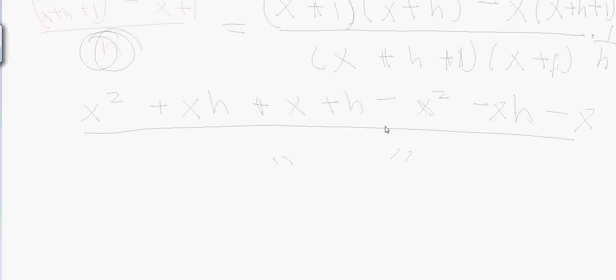Now, the first thing you must do is cancel out or simplify this. You see an xh here, you cross that out, you see an x squared here, cross that out, negative x, same here, so you're left with just an h.